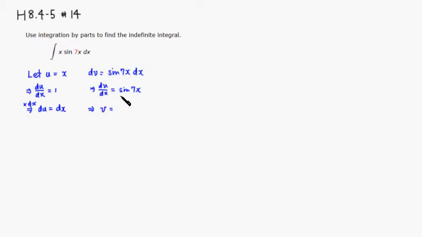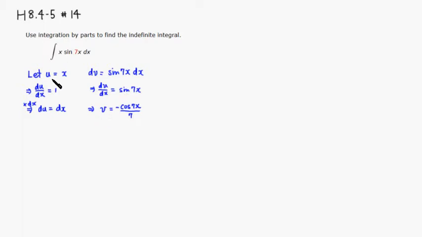So the antiderivative of sine of 7x is cosine of 7x, actually it's going to be negative, over 7. You can double check by taking the derivative of this. The derivative of cosine of 7x is negative sine of 7x times 7, and the 7s cancel out, so you get sine of 7x. So we have that.